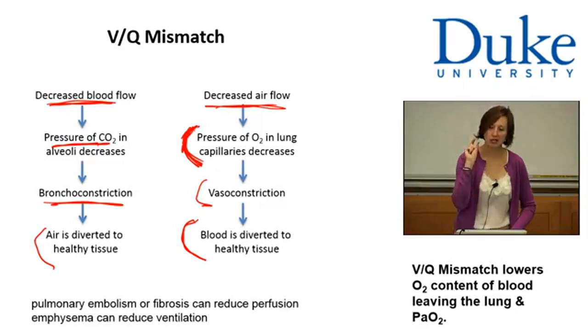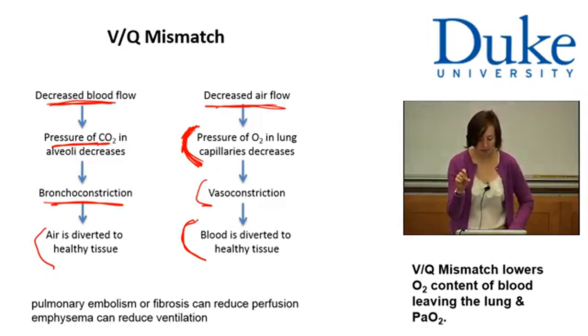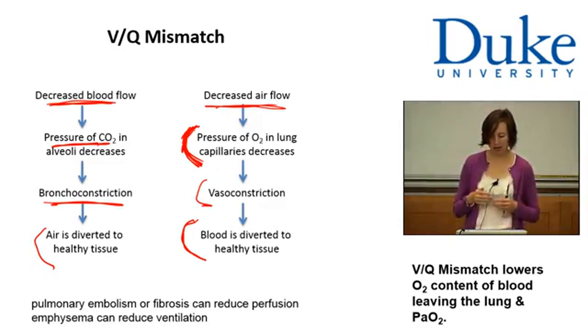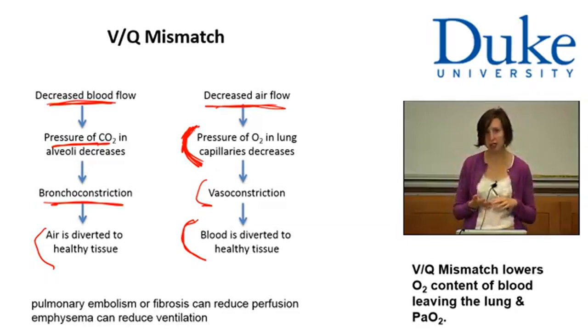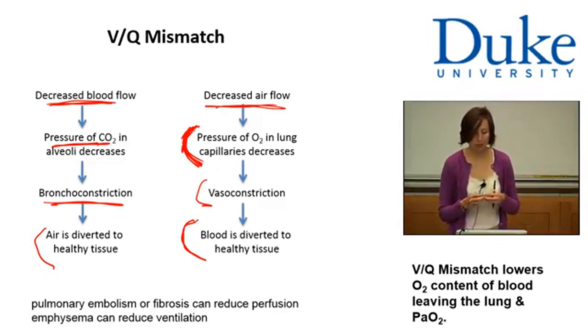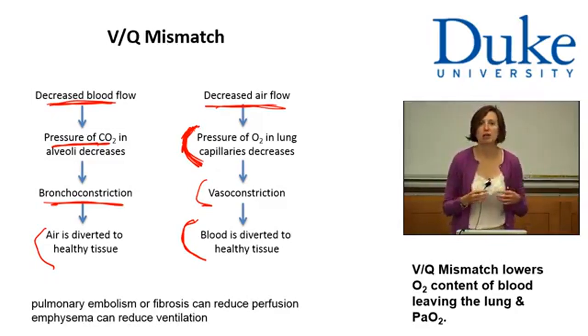And so not only is the oxygen low in the atmosphere, but what little is there is going to have a much more difficult time diffusing into the blood. And so this is what happens in high altitude pulmonary edema when this VQ mismatch compensation goes wrong.